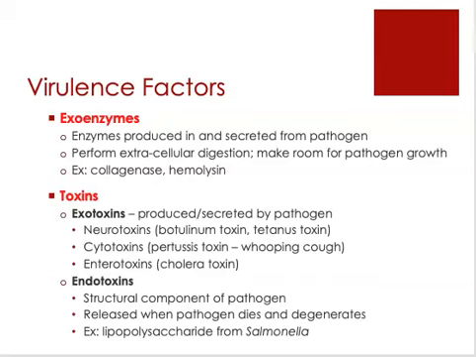Exotoxins are produced by the pathogen and then purposefully secreted. Endotoxins are different. We've mentioned this term before in earlier lectures. An endotoxin is simply a normal structural component of the pathogen.